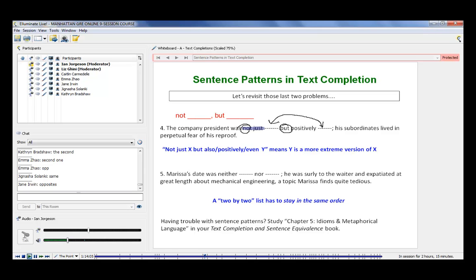So think about how big a difference this one word makes. Not just one thing but another, or but also another, or but even another, or but positively another. That word just tells me that they're the same. But here I get not one thing but another, and now these do not equal each other, right?